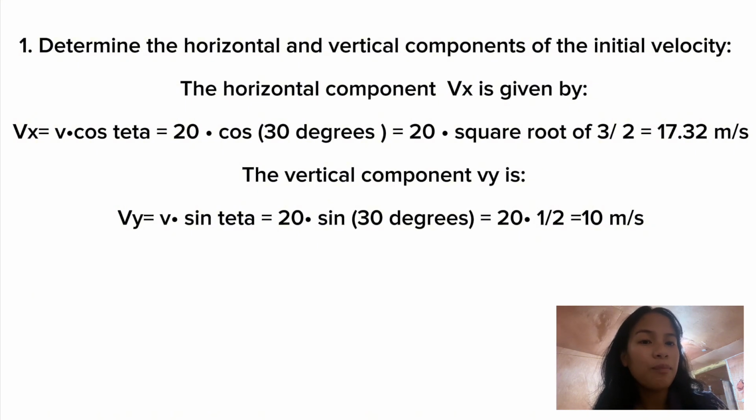The vertical component Vy is equal to V times sine theta, equal to 20 times sine 30 degrees, equal to 20 times 1/2, equal to 10 meters per second.